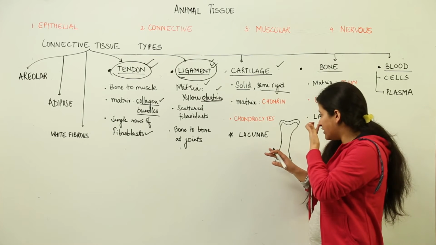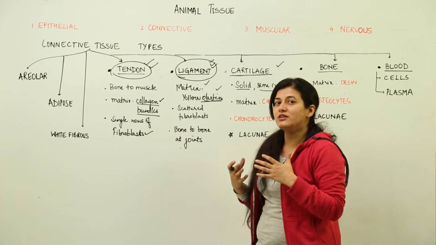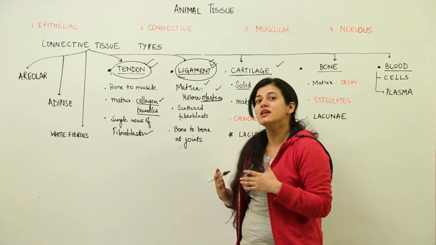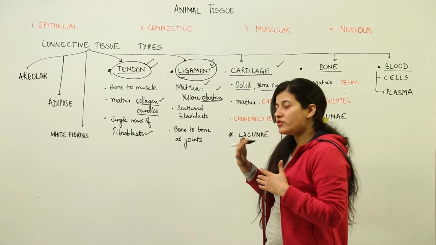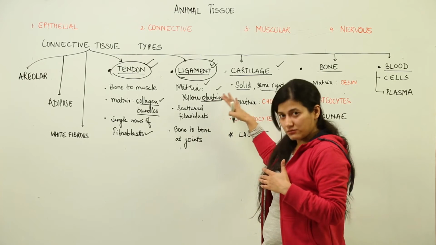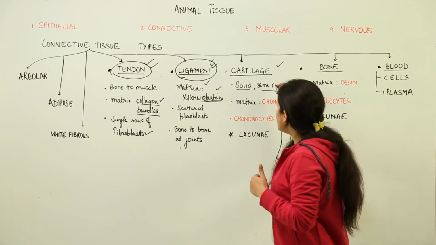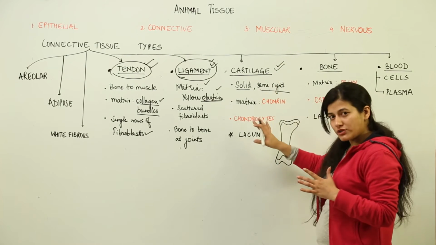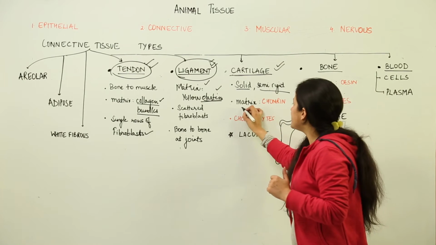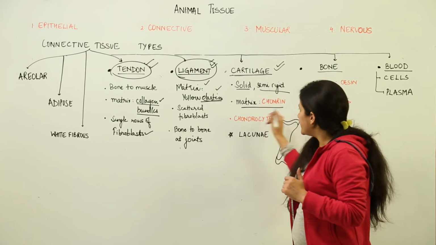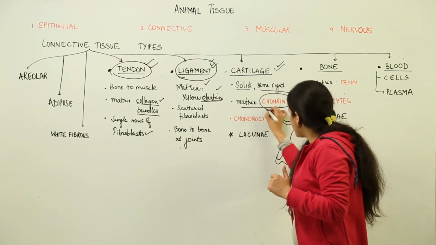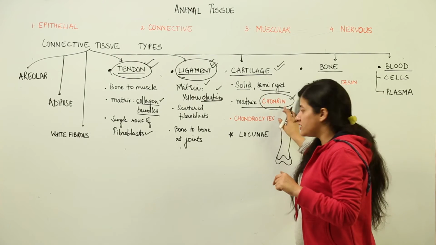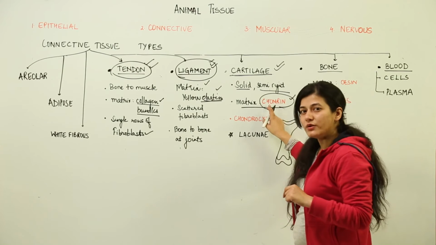Or you might have heard that when a child is born, it does not have bones. Most of its skeleton is cartilaginous. Later on ossification takes place and the bony skeleton is formed. So we need to know that cartilage is an important connective tissue. Let's see what its matrix is formed of. Its matrix, unlike these, is formed of a special type of material, a protein, basically a protein derivative only, that is known as chondrin.